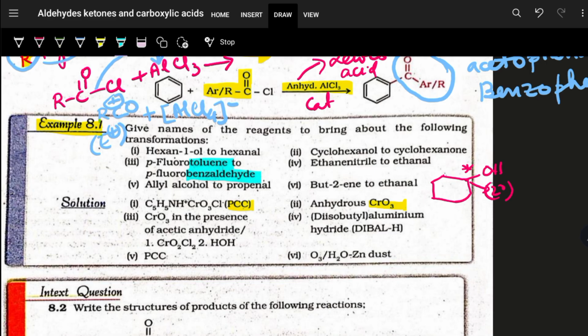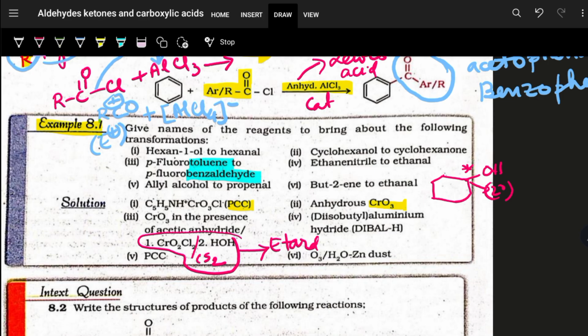So obviously follow Etard reaction. So here I would like to add something like CrO2Cl2, of course, but in presence of CS2. Number 2, H2O. This is the reagent for Etard reaction.